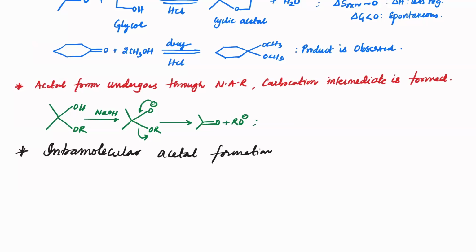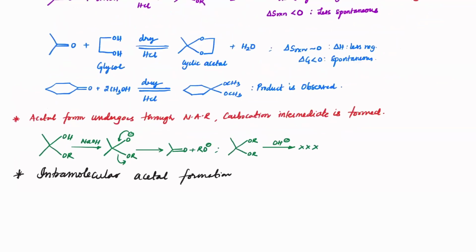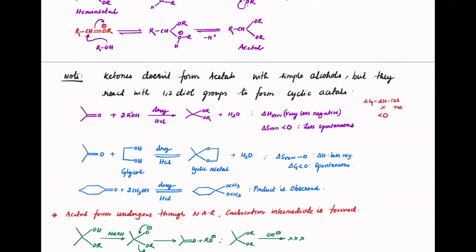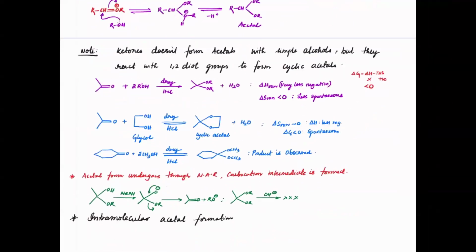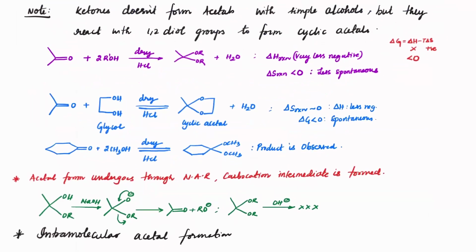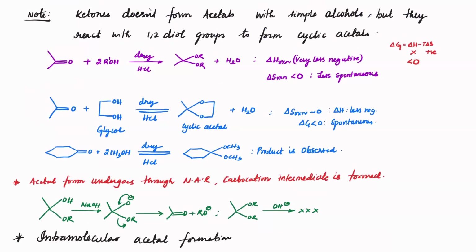On the other side, if you have the acetal form and react it with OH minus, there is no reaction happening. That's why acetals are stable in basic medium. So conceptually, other than the mechanism, these are the pointers you should know: what happens in the case of ketones, what happens in the case of cyclic ketones, and when it is stable.